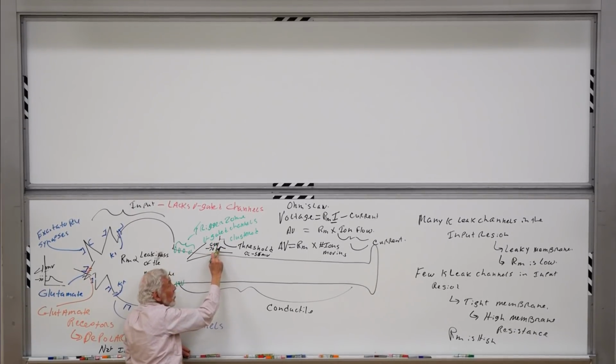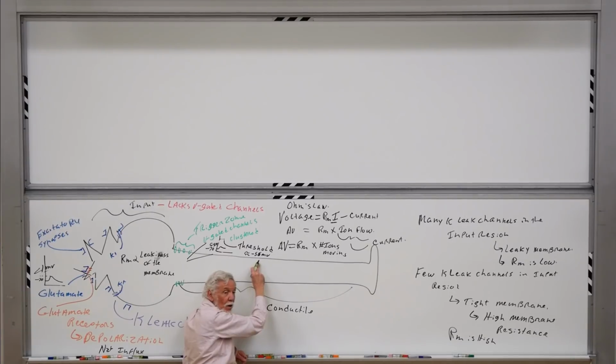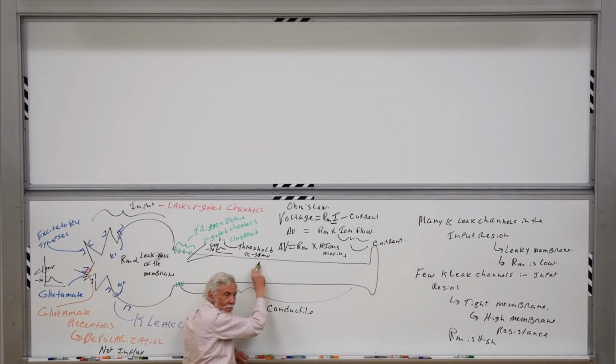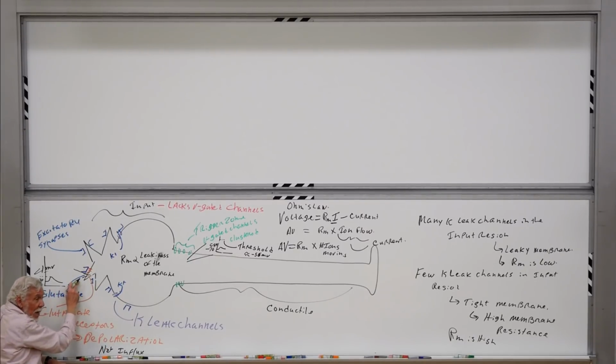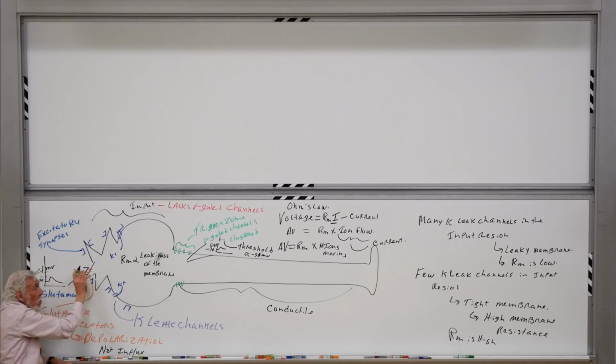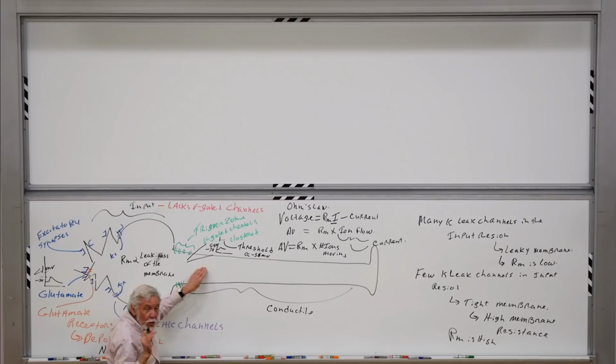If each of these potentials has only depolarized the membrane here by 1/10 of a millivolt, we need 150 of these to go the 15 millivolts. So that's a long-winded way of saying that one of these synapses, opening all of the receptors at one of these synapses, produces a practically infinitesimally small change in the membrane potential here.